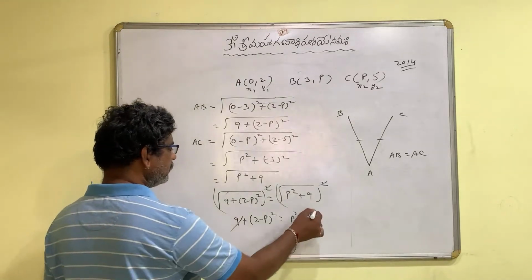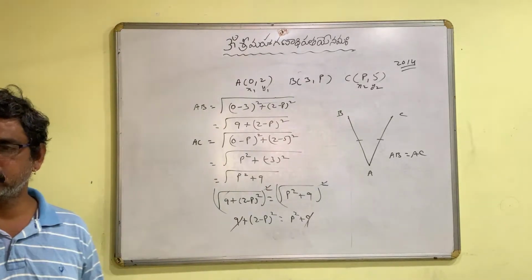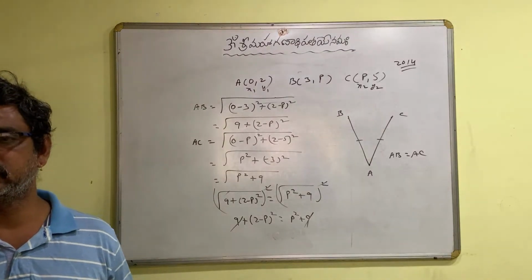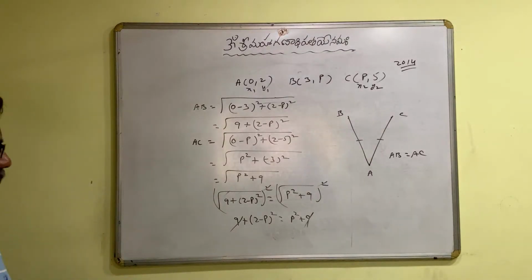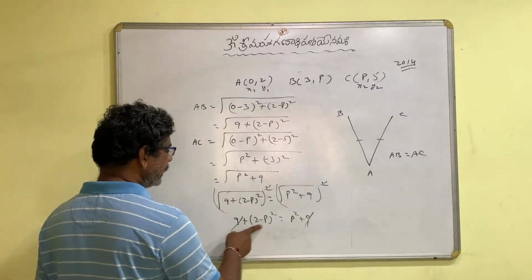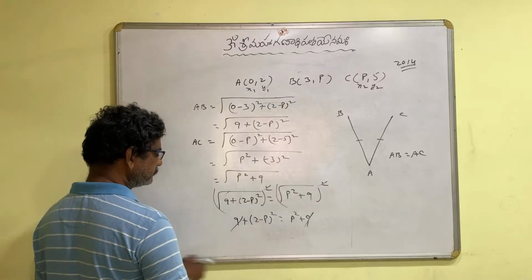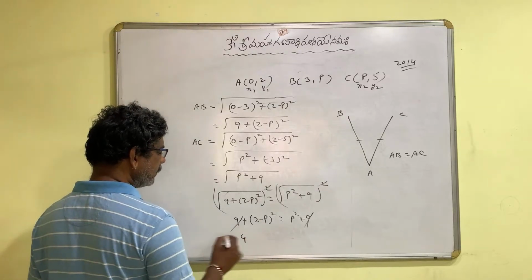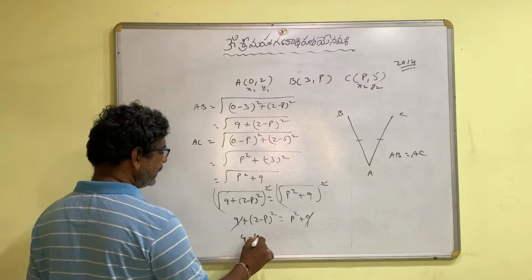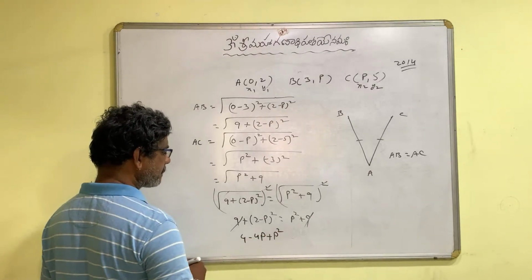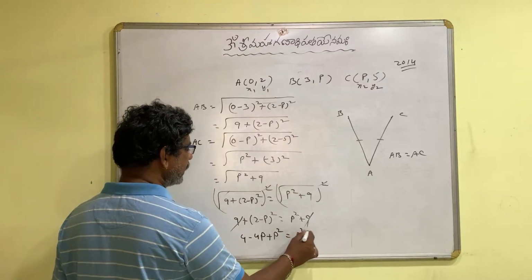Plus 9 on both sides get cancelled. Now expand this one with the a minus b whole square identity: a square minus 2ab plus b square is equal to p square.